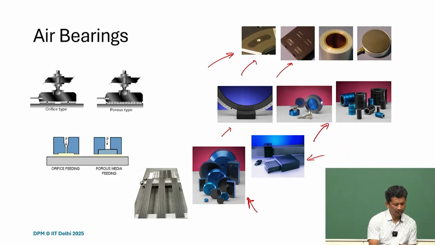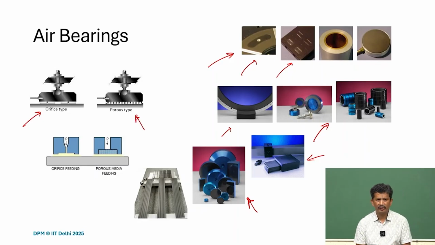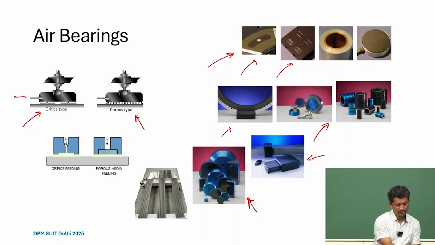So, if we broadly classify, we'll find that there are two types of aerostatic bearings. One is orifice type, the other is porous, and what you see usually is pressurized air is fed through some inlet, and then it passes through.